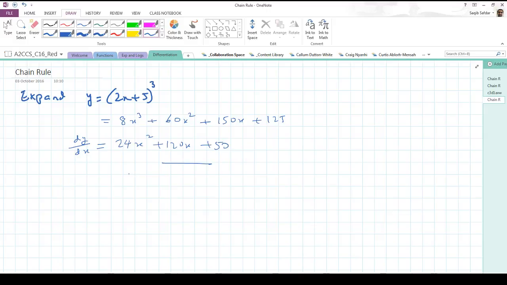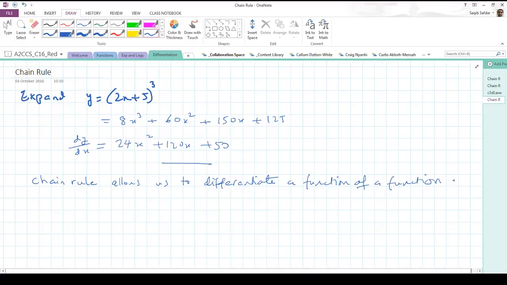And by the chain rule, what we're basically doing is differentiating. I'll just write this down. With the chain rule, we're differentiating a function of a function.